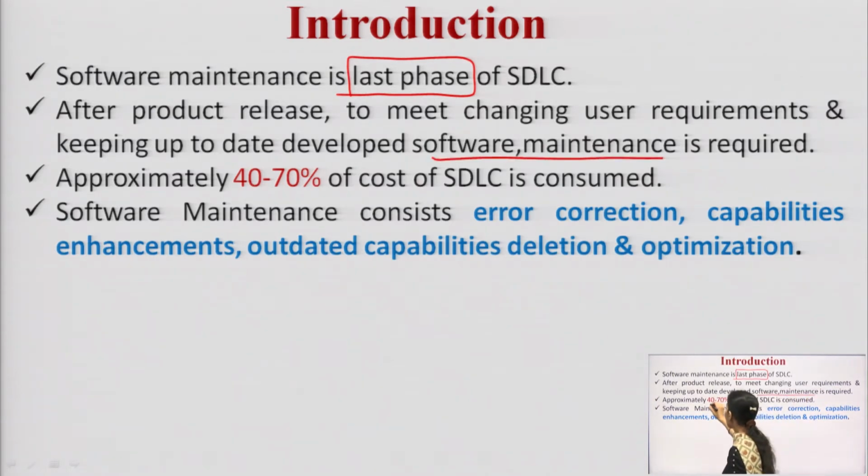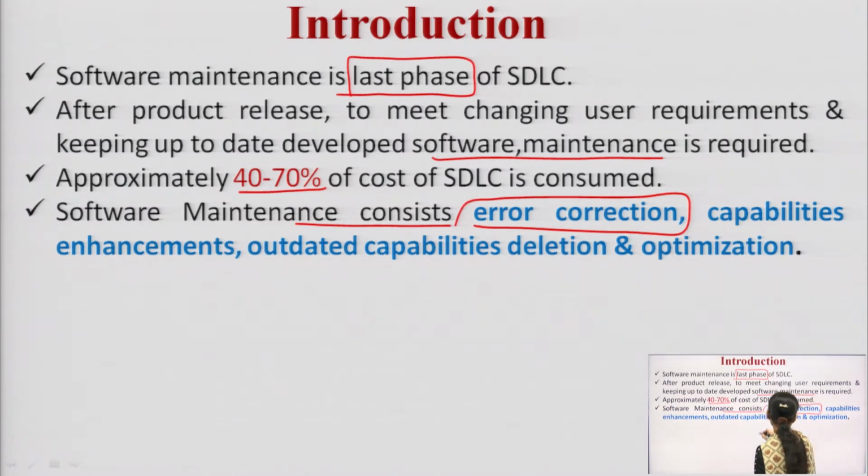It involves approximately 40 to 70% of the cost. Development cost is low, requirement gathering cost is also low, testing cost is high, and then maintenance cost is very large for our entire SDLC cost. So, this maintenance consists of correcting the errors, and capability enhancements.